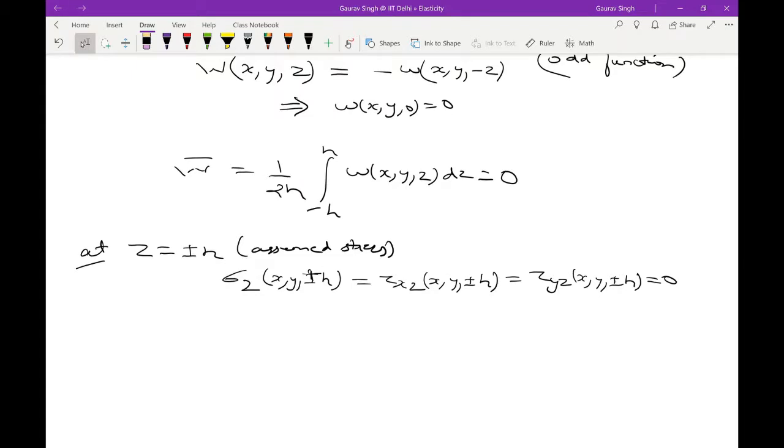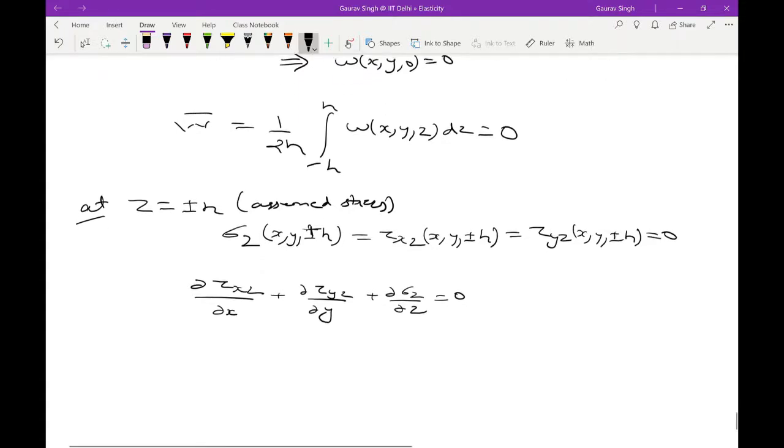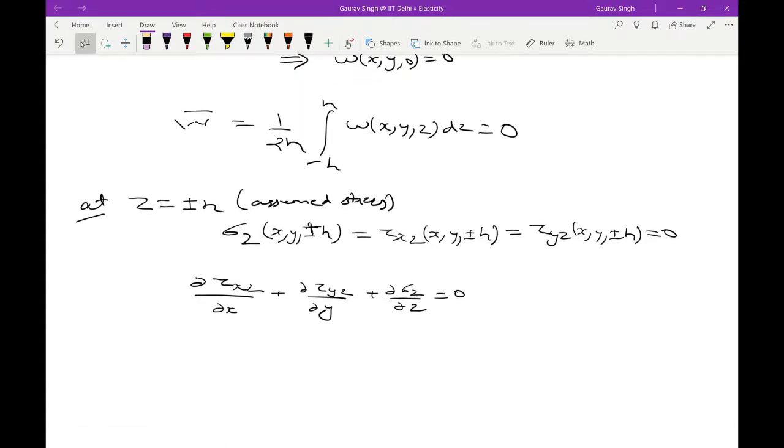Now the equilibrium equation in the z direction similarly will become dou tau xz by dou x plus dou tau yz by dou y plus dou sigma z by dou z is equal to 0. So this is the equilibrium equation. You want to apply this at z equal to plus minus h.